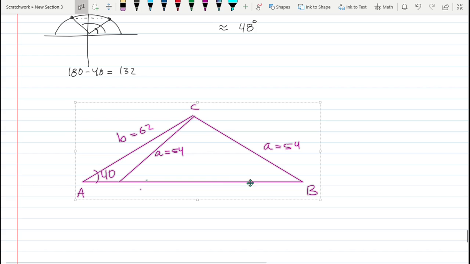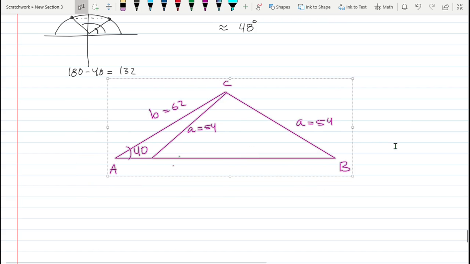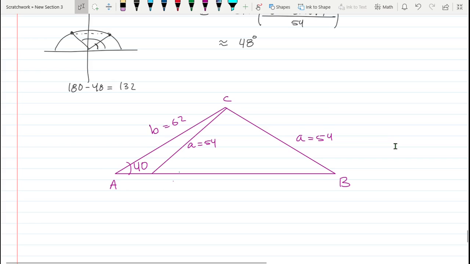This triangle that we found has two angles B. We're going to have to relabel things and call this B1 and this right here B2, where B1 has an angle of 48 degrees and angle B2, which we just found here, is 132, right? 40 plus 132 does not exceed 180.